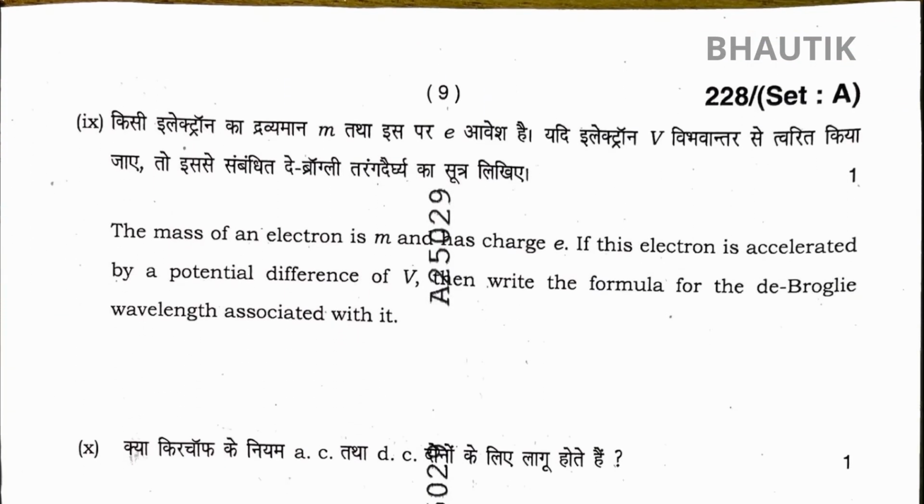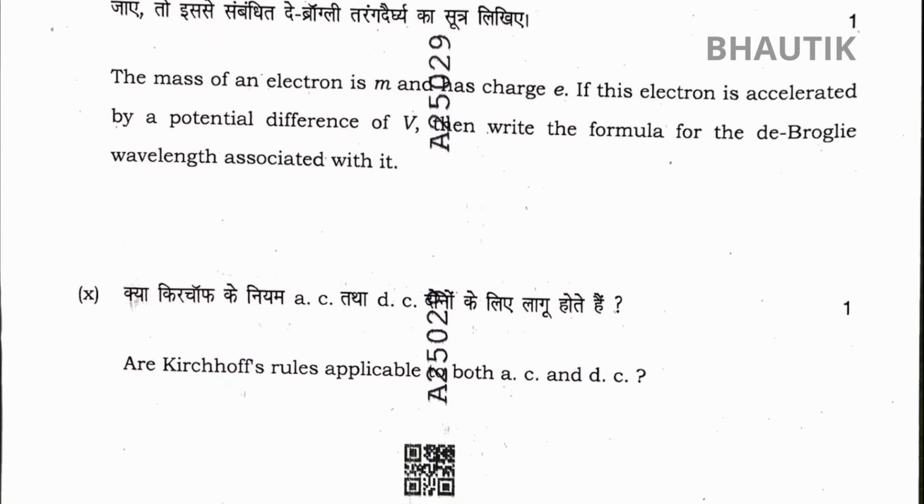Next question is question number 9. This question says: the mass of an electron is m and it has charge e. If the electron is accelerated by a potential difference of V, then write the formula for the de Broglie wavelength associated with it. We know that the formula for de Broglie wavelength is h upon under root 2meV, where V is the potential.